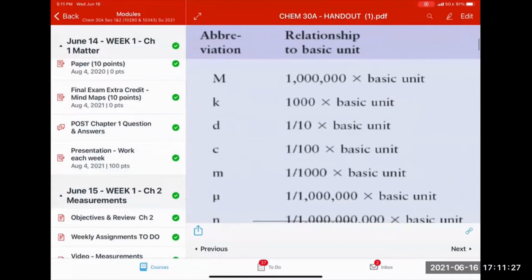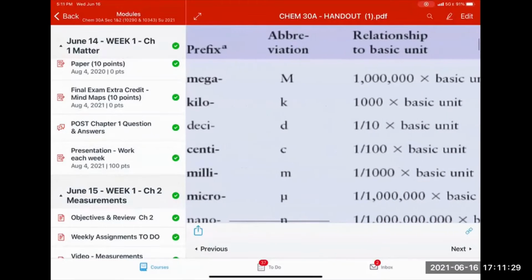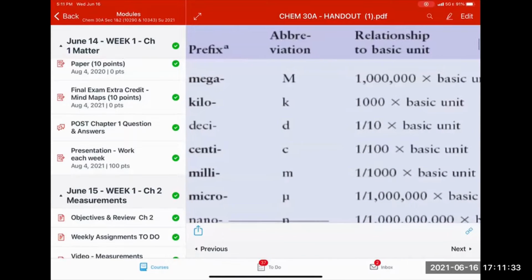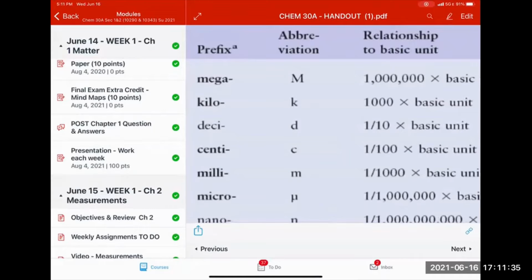But if you have small units, then there you go, deci. Now, what does deci mean? It is 1/10 of something, whatever that base unit is. Now these can be applied to volumes, to mass, to length. So it just gives you a picture of whether you're looking at something big or small, and in what magnitude.